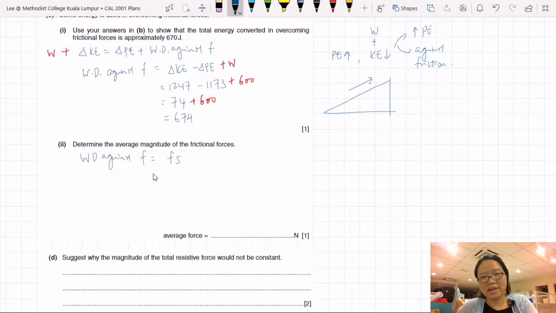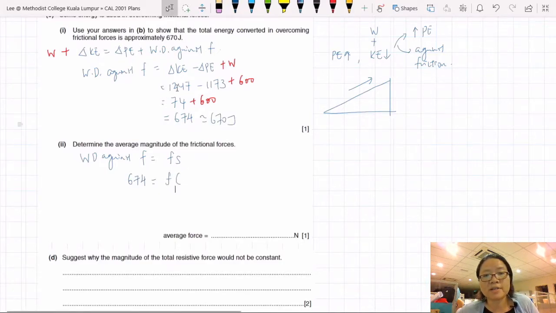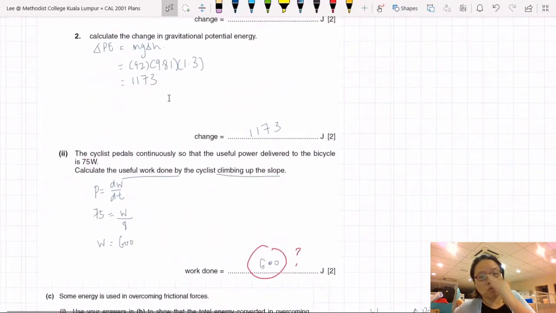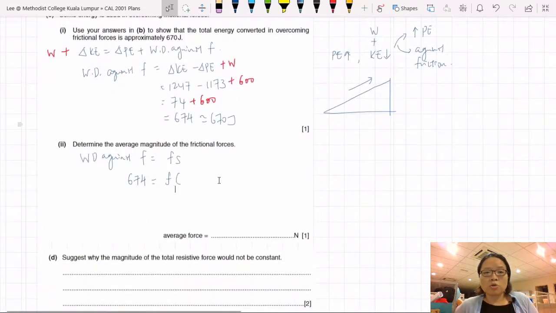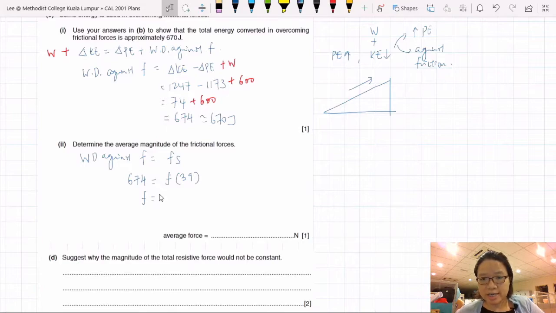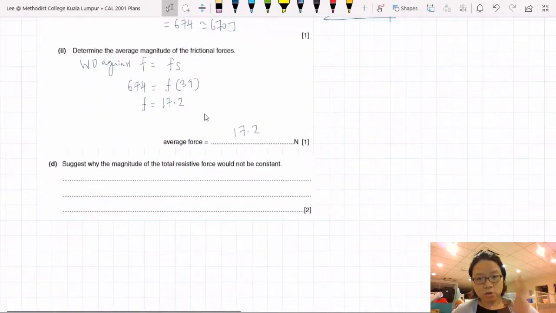If you now already have the work done against friction, which is 674, about 670, then you can find how far it traveled up the slope, which is your estimate just now, your 39 meters. If you don't do any work, the change in KE will convert to PE plus work done against friction. But you are telling the KE, don't worry, I'm also pedaling.